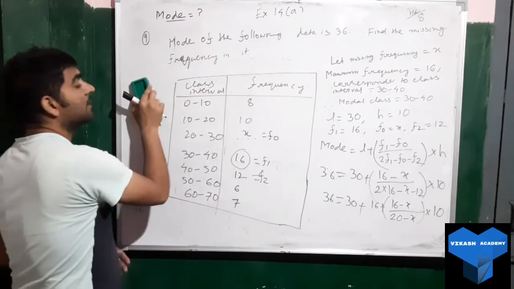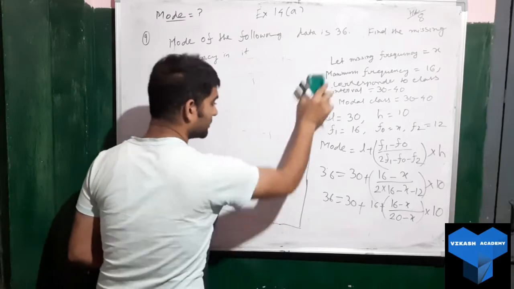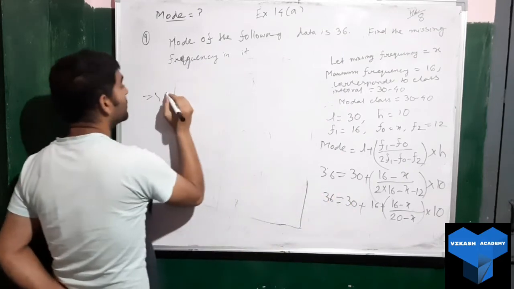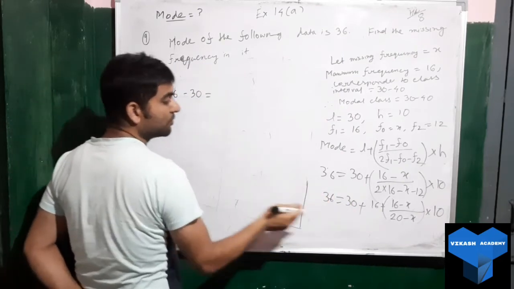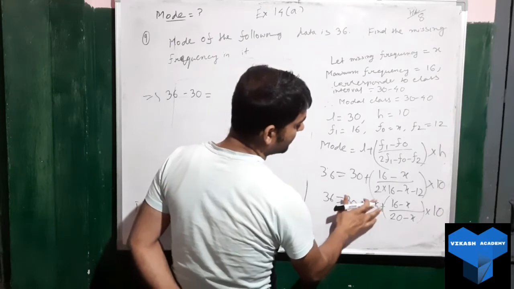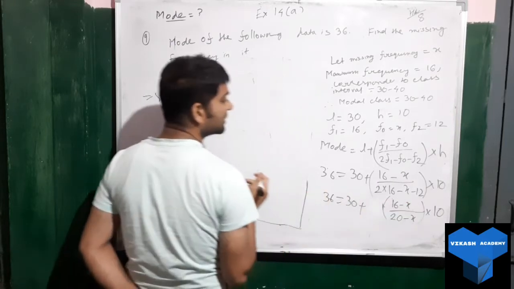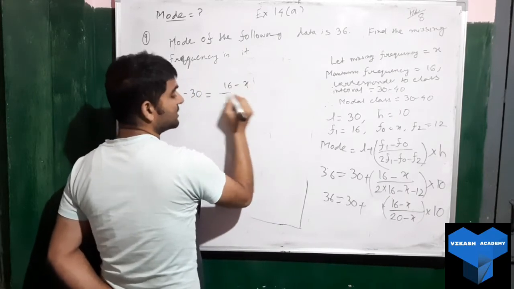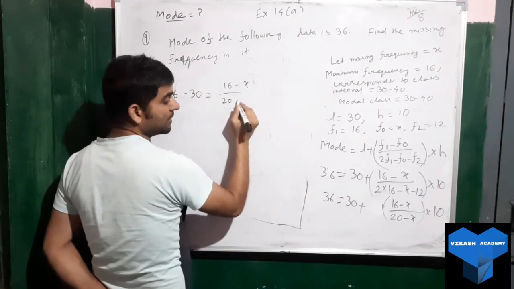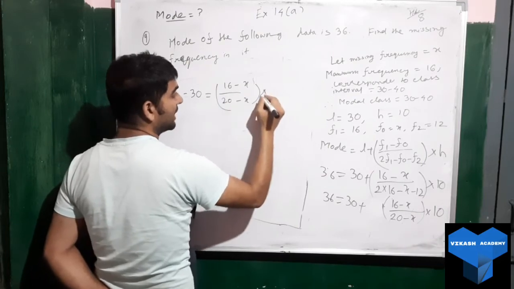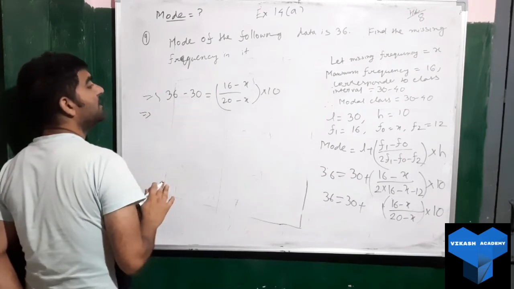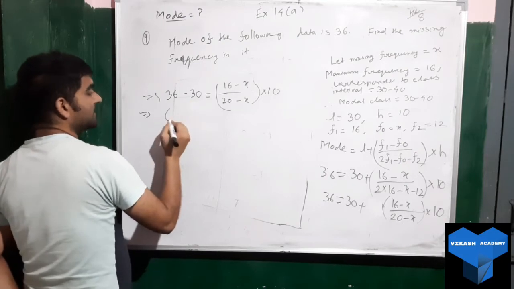Next, we will use this 36 here and 30. We bring the 30 to this side, so it will be 36 minus 30 equal to 16 minus X over 20 minus X, into 10. 36 minus 30 is 6.